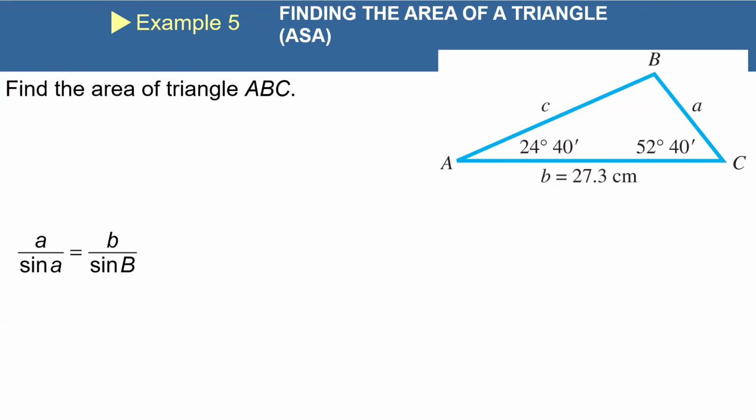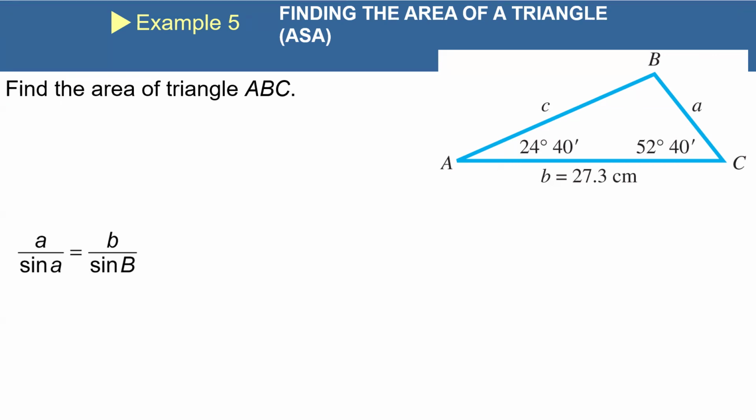Whether you wanted to use angle A or angle C, we still don't have enough information to solve, right? Because you have to have the sides that make that angle. If we wanted to use sine of C, we're missing side A. If we wanted to use sine of A, then we're missing side C. So either way, we would have to find missing information.